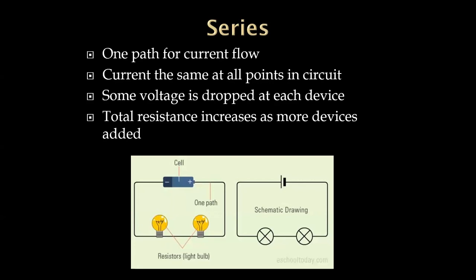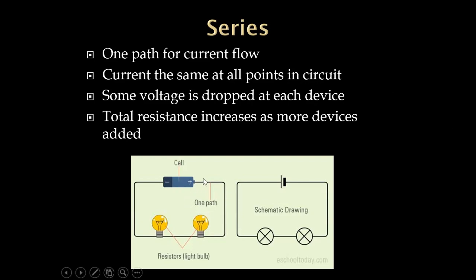Okay, so again, to sum this up. In a series, there's one path for the current to flow. The current is the same at all points on the circuit. Some of the voltage is dropped at each device, and our total resistance increases as more devices are added. Okay, so resistance being opposition.